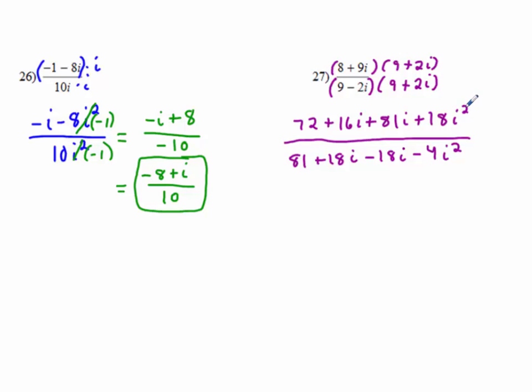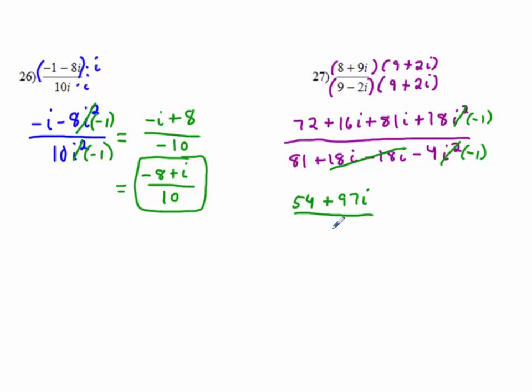So I changed my i squareds to negative 1s and add like terms. 72 minus 18, because of that negative 1, is 54. 16i plus 81i is 97i.